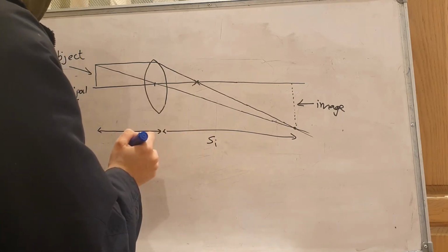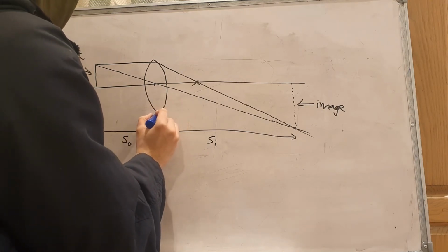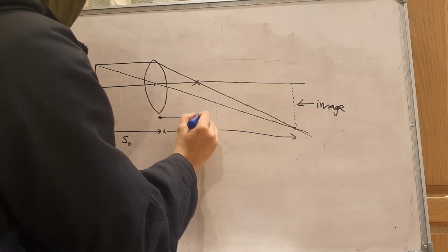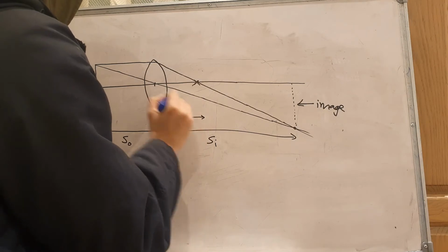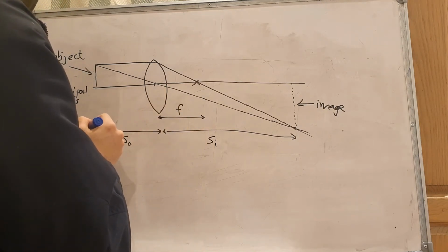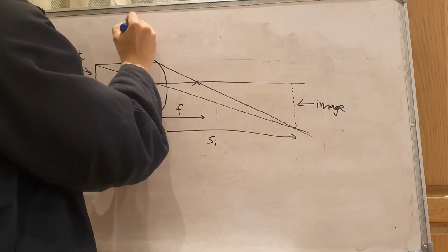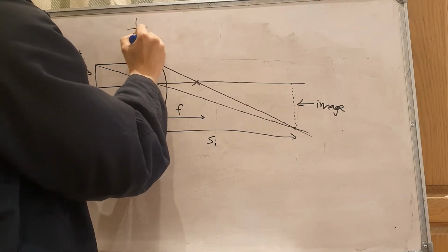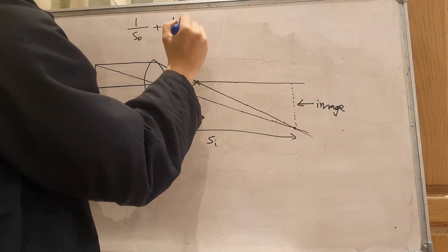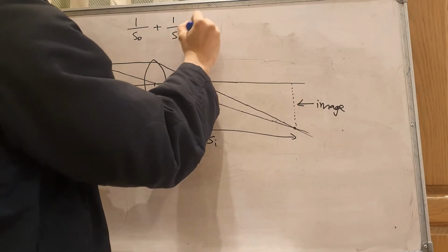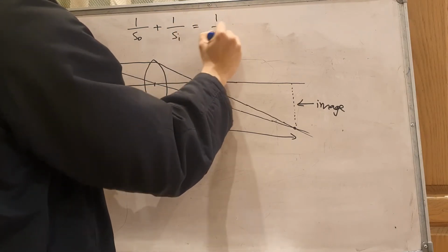And where is the focal length? The focal length will be from the lens to the focal point. So this is F. Now the formula for this is 1 over SO plus 1 over SI is equal to 1 over F. That is the formula for lens.